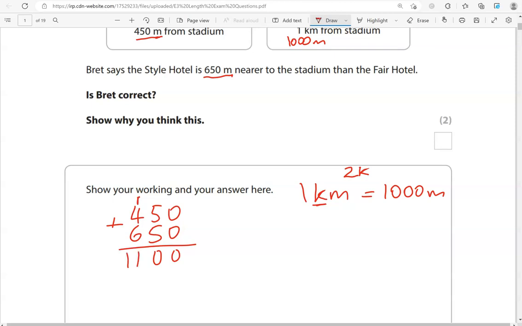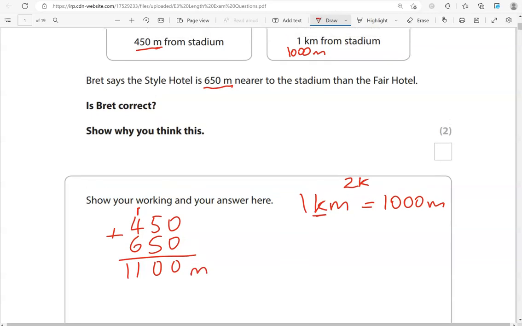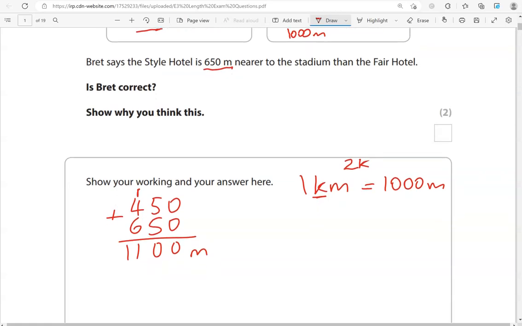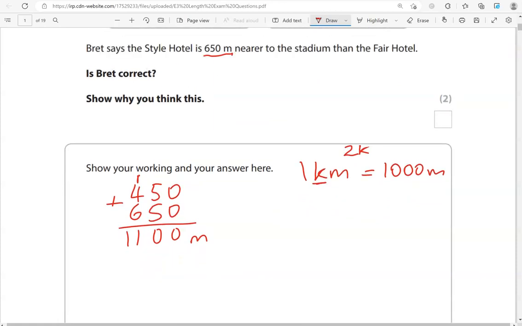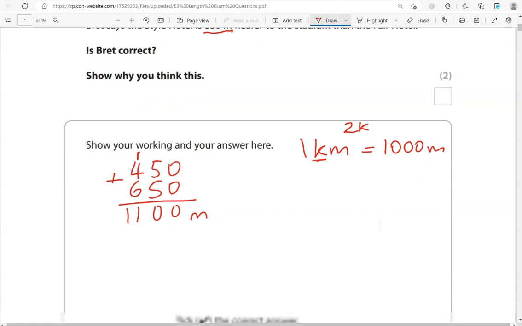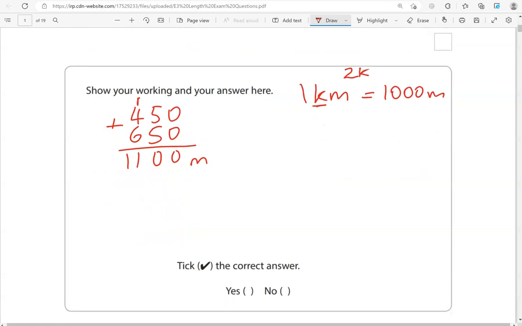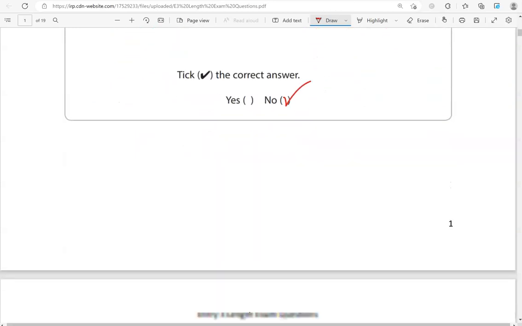So 1,100 meters, which isn't the case. So this tells us that Brett is not correct. In fact, Style Hotel is 550 meters nearer to the Stadium than the Fair Hotel, not 650. So that's where he's gone wrong.